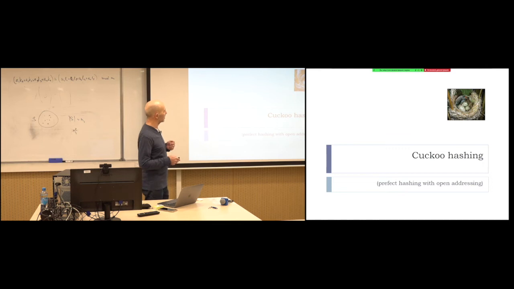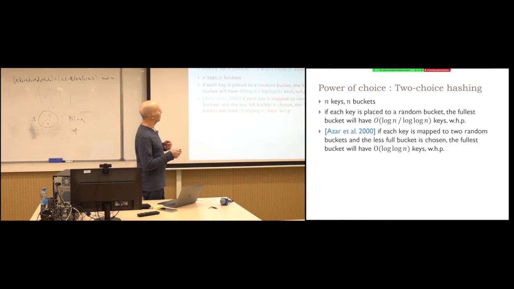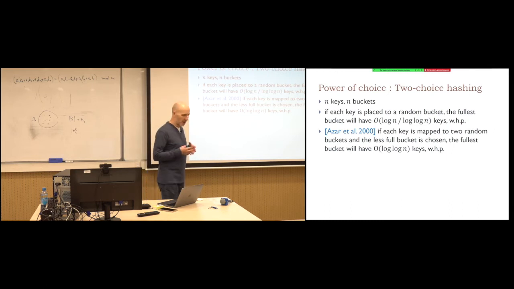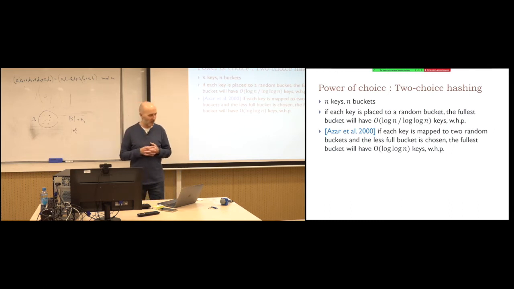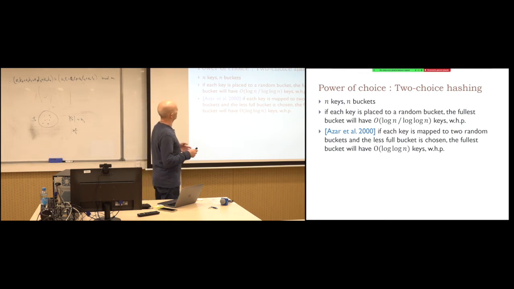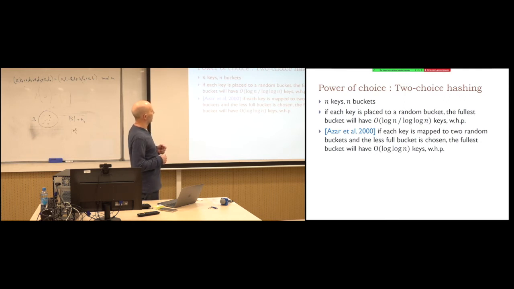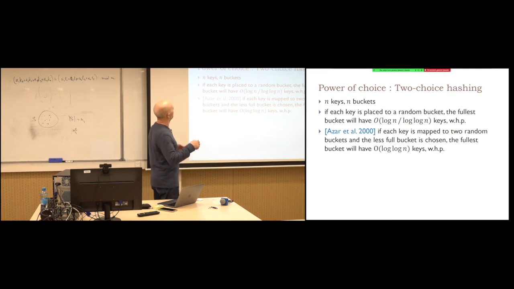There is some price. Cuckoo Hashing exploits the idea of choice. This is a slide that I put, which is not in direct relation to Cuckoo Hashing, but it's just an illustration of the power of choice.